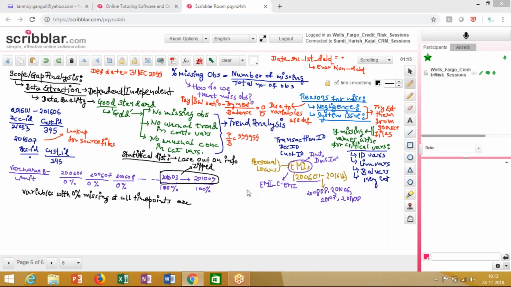But again, there may be these problems. These are not something we always test for; these are something we need to keep our eyes and ears open about. If you run a missing observation check on limit variables, you will see it's 0% missing 99.9% of the time. But there can be a time when some values are missing.